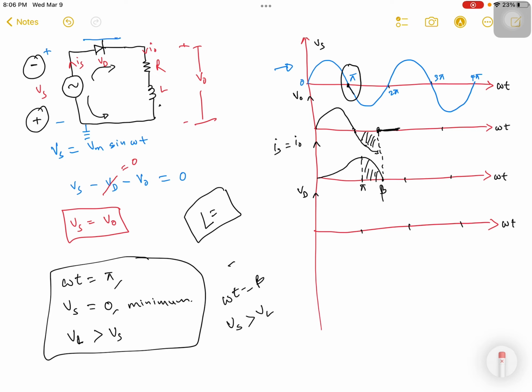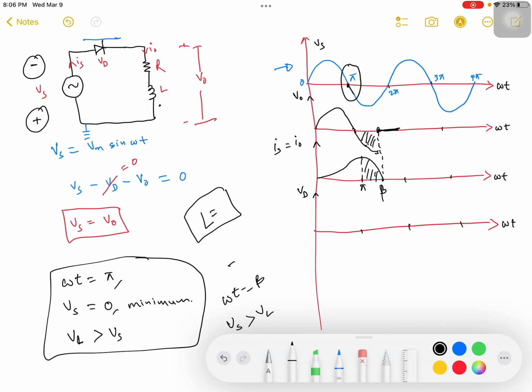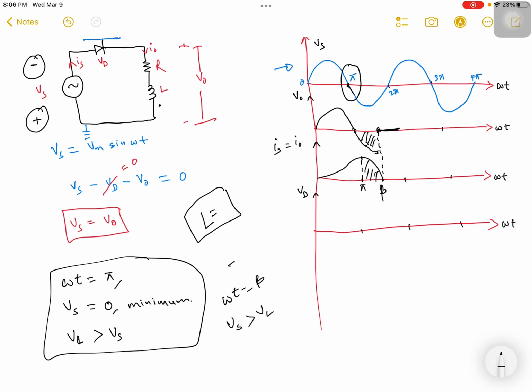Okay, I'm going to clear this one. Now when it is in the negative half cycle, that is when omega t is from pi to 2 pi, you will have the circuit diagram as shown here, and this diode is reverse biased and it will act as an open circuit, so nothing is going to flow from here.